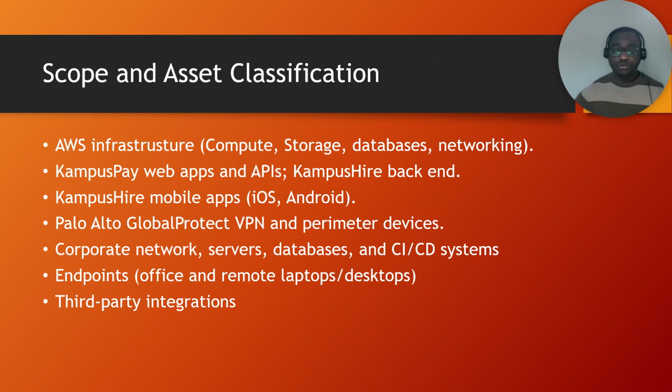For a successful vulnerability management program, scope and asset classification are important. The scope tells us what to protect, and the classification tells us how much protection each asset needs.